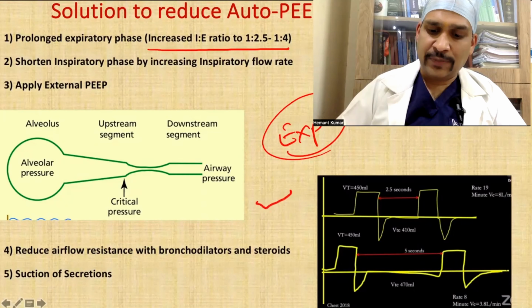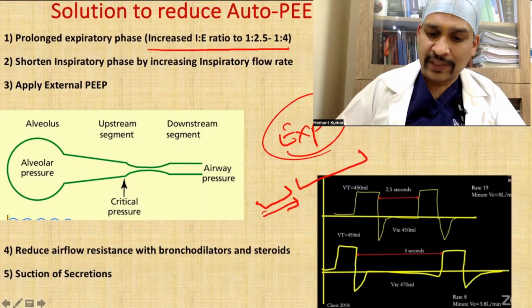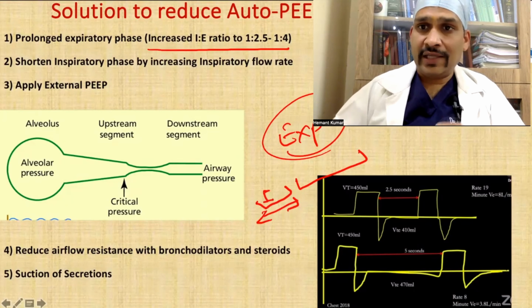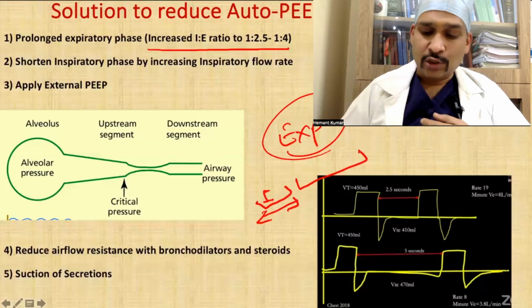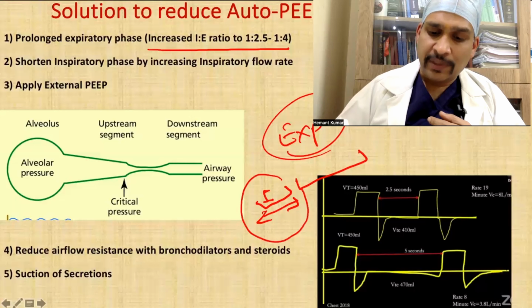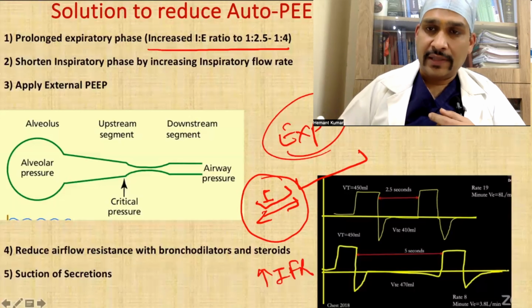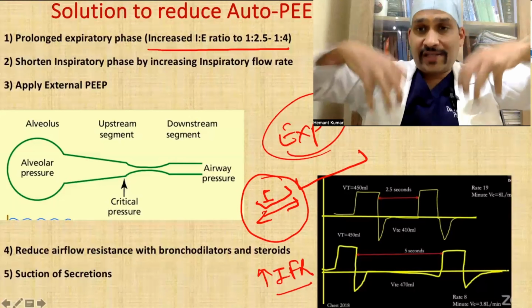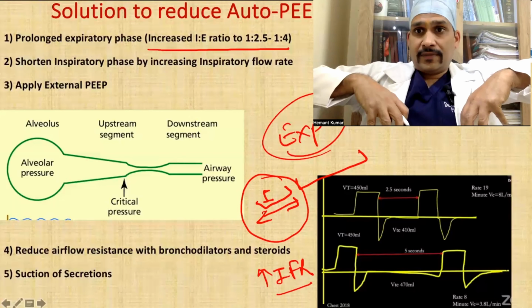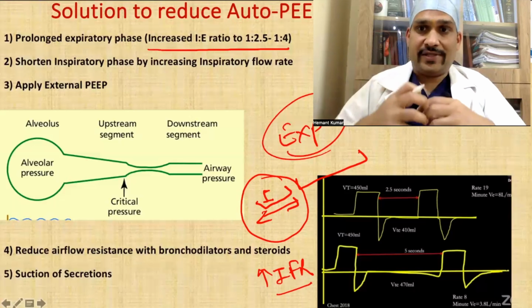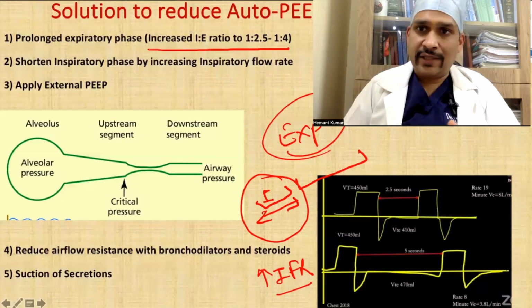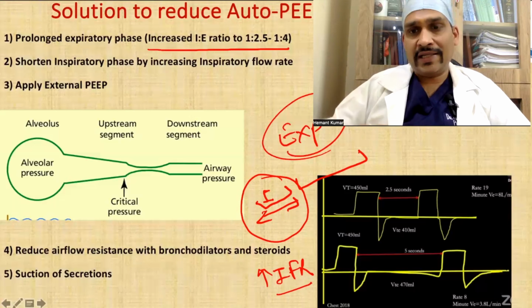This is the inspiratory phase, this is the expiratory phase. If we shorten the inspiratory phase, then we can increase the expiratory phase. So how to decrease the inspiratory phase? By increasing the inspiratory flow rate, meaning air is going very fast inside the lung, so less time is needed for inspiration. So by this we can reduce the inspiratory phase and increase the I:E ratio.